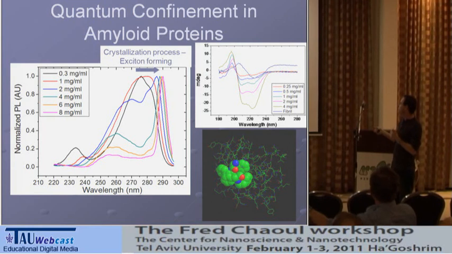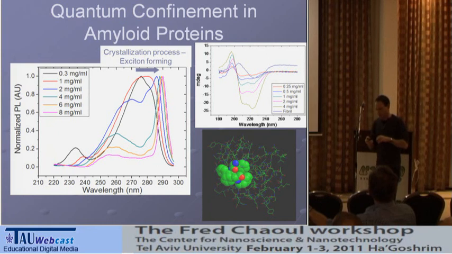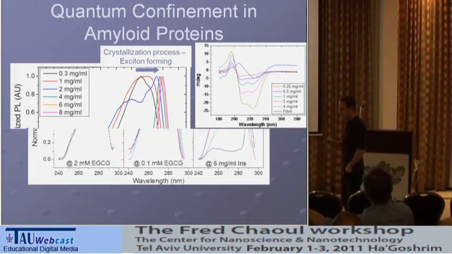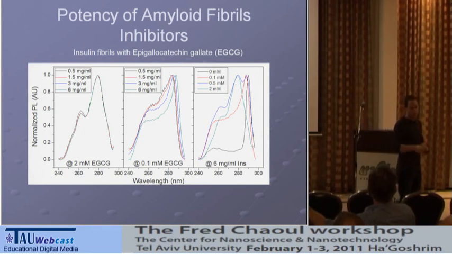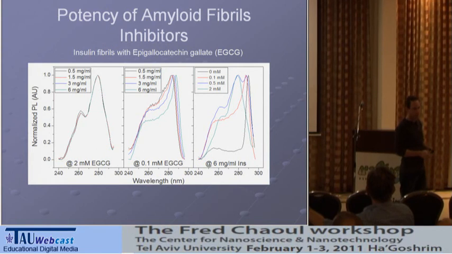I highlight the FF motif of the insulin, and we can see it's really in close proximity in the PDB file of the insulin. And this is really nice, because if I can follow the crystallinity by simple PLE measurements, maybe I can design a way of measuring inhibitors of amyloid proteins just by taking 10-second measurements in spectrophotoluminescence.